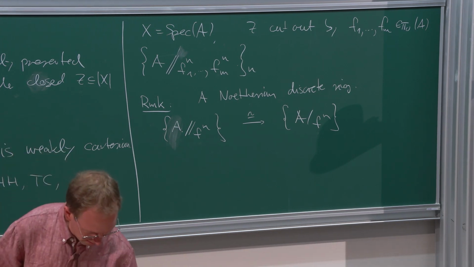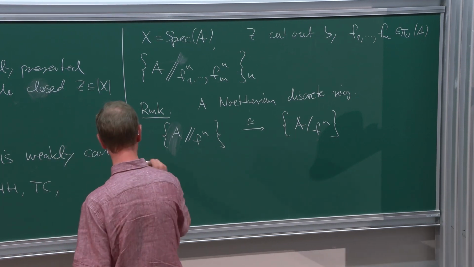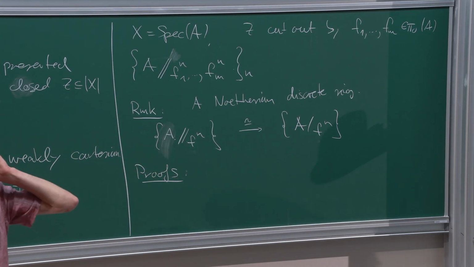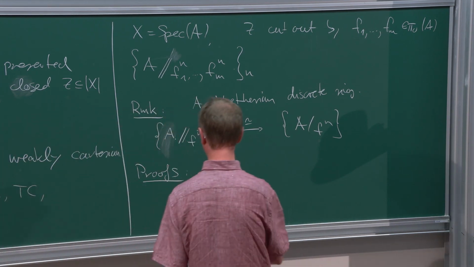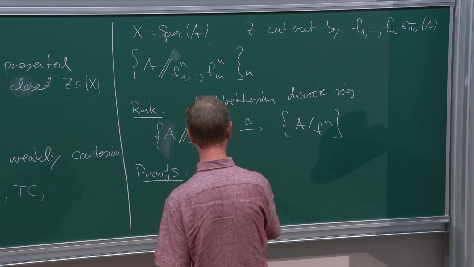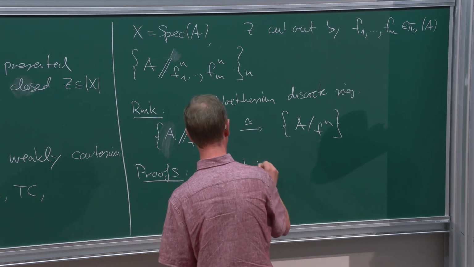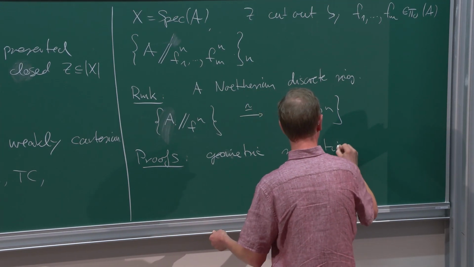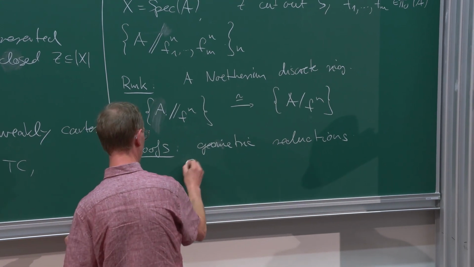Okay, good. So this was this example, and now for the proofs. All these proofs of this theorem, and also what I mentioned yesterday, the CDH descent for truncating invariants, all have some geometric input in reductions, which are also not trivial, but I cannot say anything about them today.